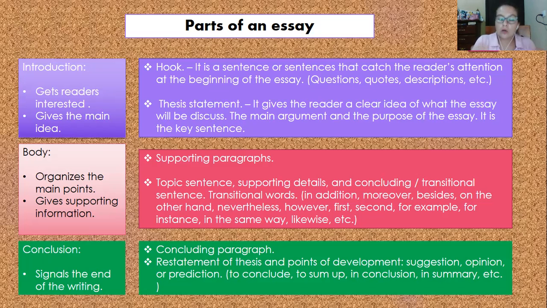But when we are going to give an example, we use for example, for instance, okay? And we have others in the same way. It's important that you can analyze when you read a paragraph, when you read an essay, we have to take into account these details, okay?